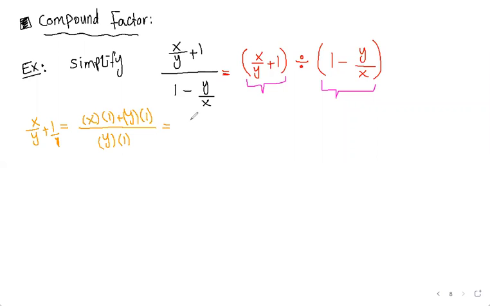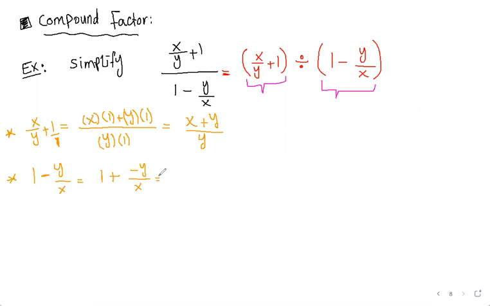So x times 1 is x, y times 1 is y, over y. This is the first one here. Second one, 1 minus y over x. Same idea exactly like the first one, but I like to put the minus with the y and keep it positive. This is equal to 1 plus minus y over x.